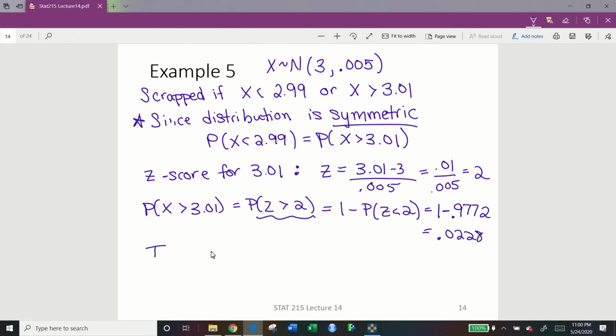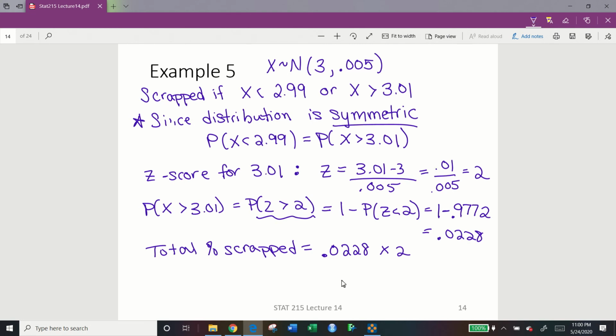So to find our total percent scrapped, as I said before, we're going to multiply our probability of just one direction, which is 0.0228, by 2 because it's less than 2.99 or greater than 3.01.